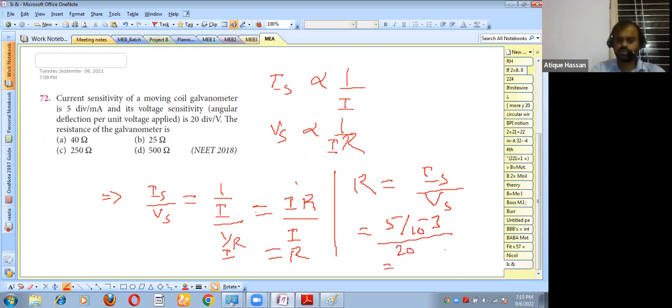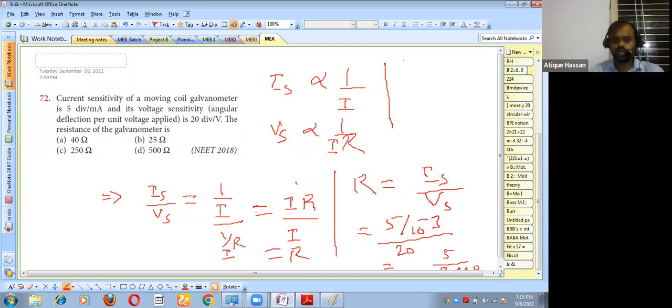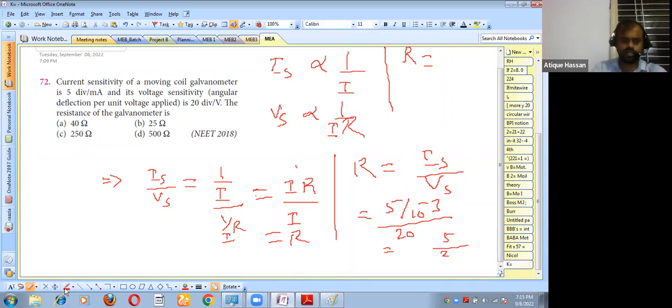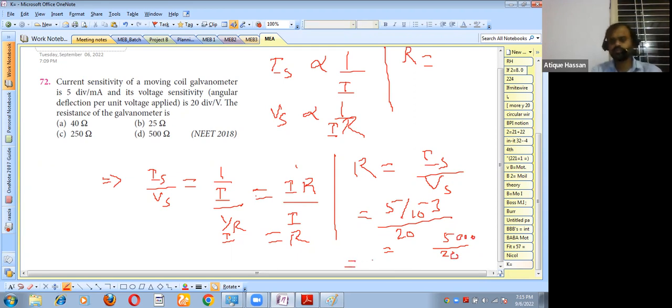So R will be equal to 5000 upon 20. What will that be? It will be 250 ohm. So the correct option is C.